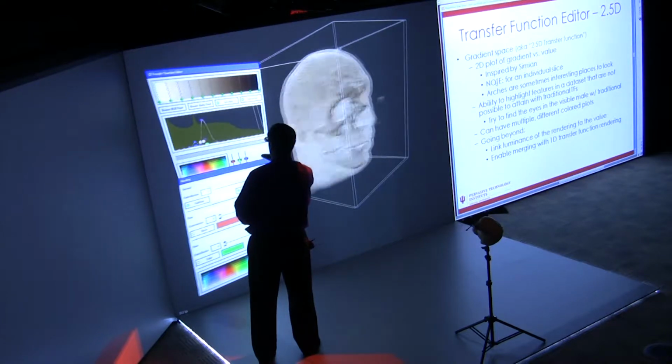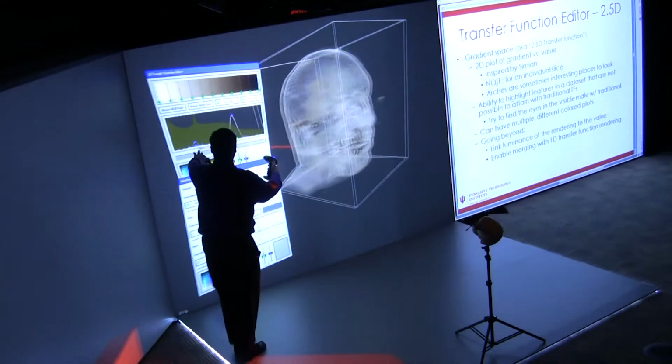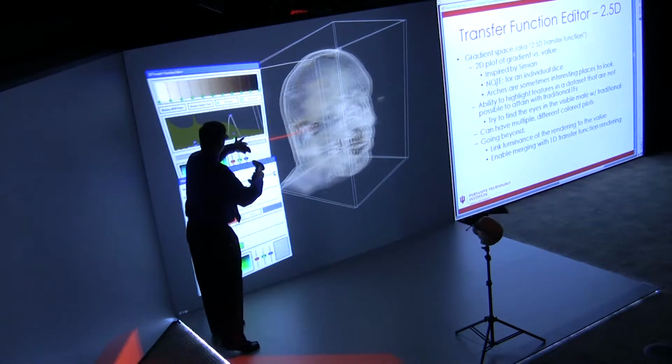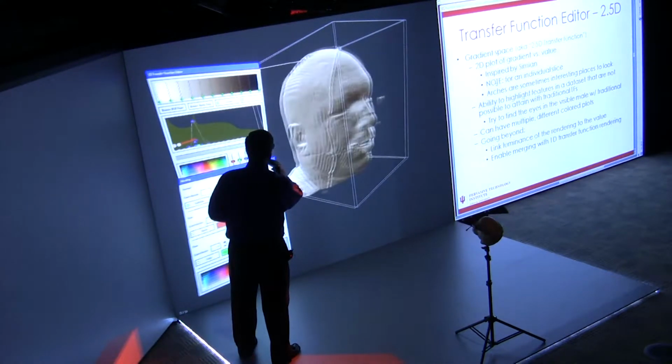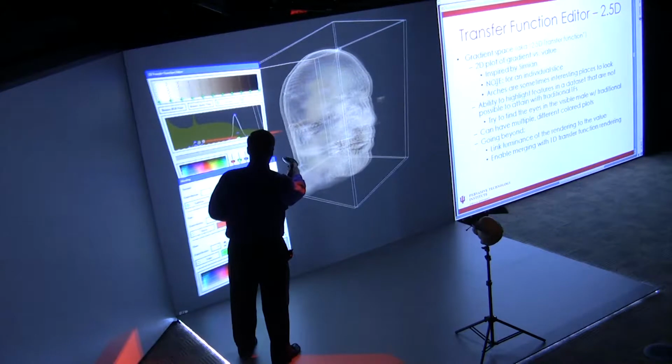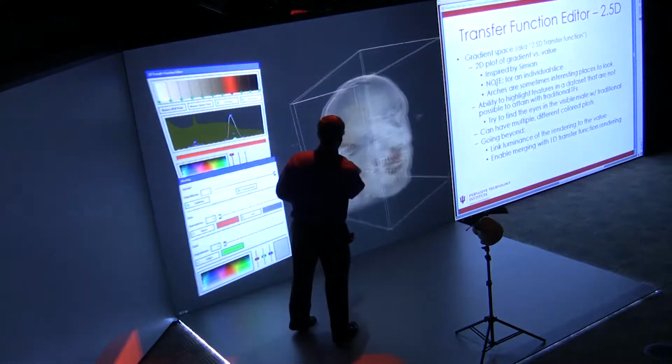When your tracking is jittery, it's not as easy. These could be a little bit larger. That's one of the deficits of this, is these little grab points are sometimes difficult to grab. We can kind of scout again through the data with high density. And then if there's something we really want to see, we can just modify a section of the color map and kind of add to the ability to highlight.